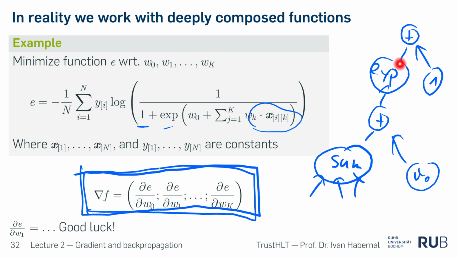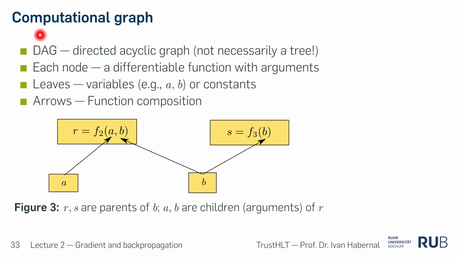There are some functions which are atomic functions, like exponentiation, plus summation, multiplication maybe, logarithm, and things like that. So we're building a thing called a computational graph. A computational graph is a nice way to express composed functions from tiny little elements.